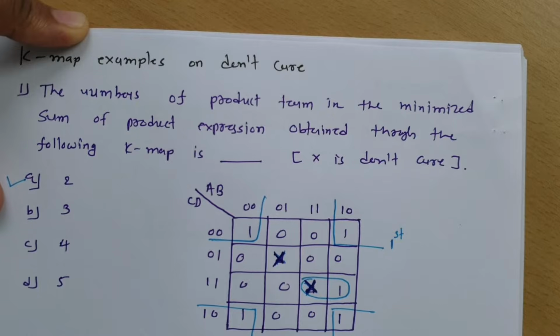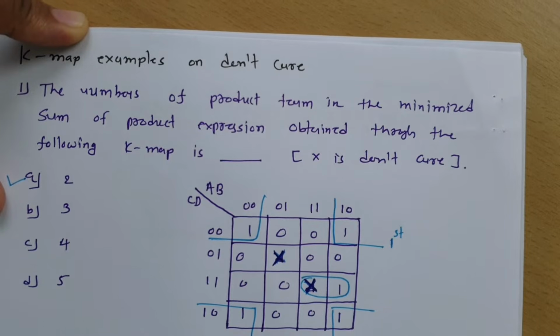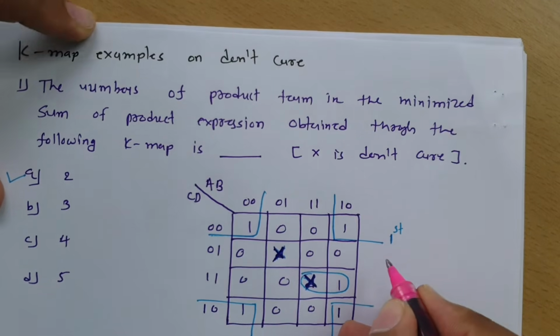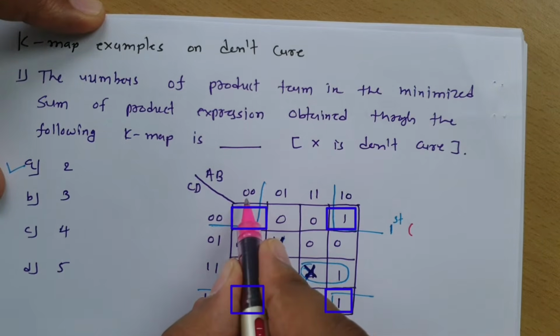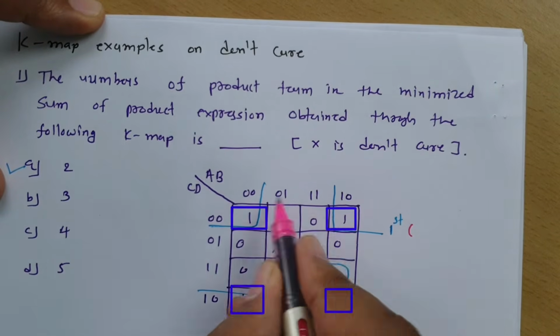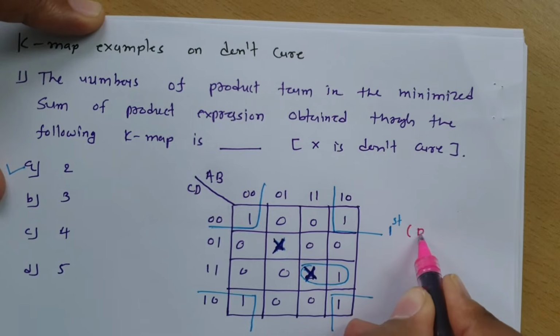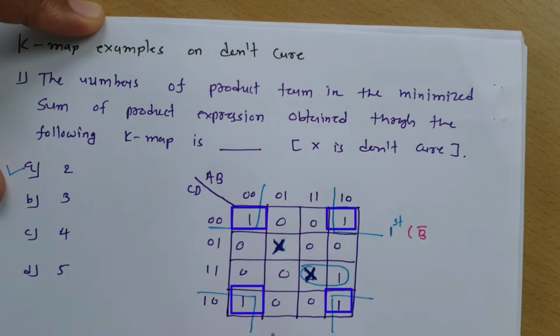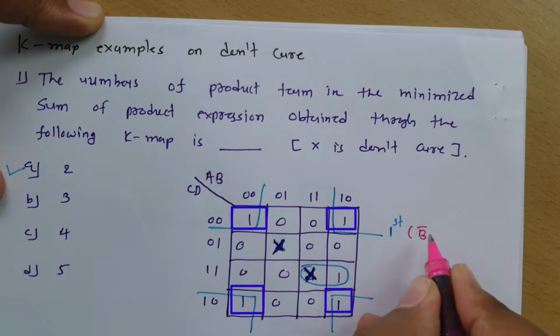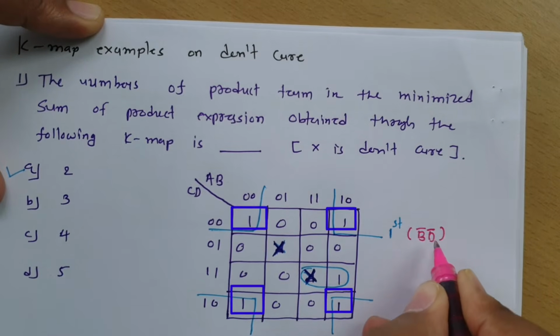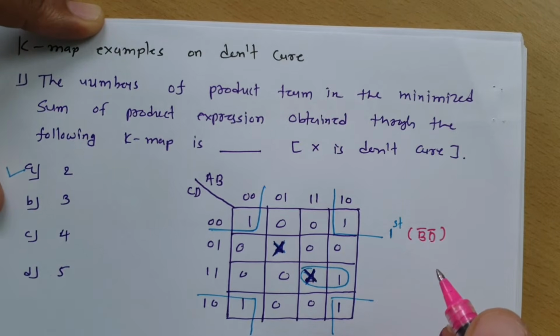If I want my answer as a Boolean expression, then for this first group, you see AB is 00 and 10, so B is bar, A is changing, and horizontally CD is 00 and 10, so C is changing, D is 0, meaning bar. So the first group is B bar D bar.